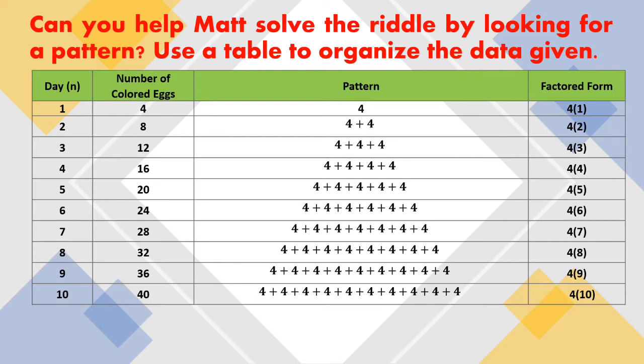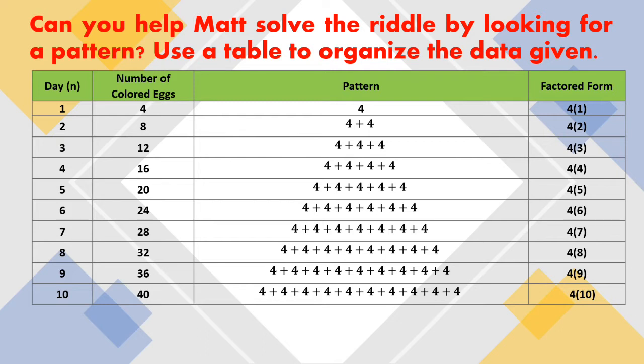For day 1, the number of colored eggs collected by Humpty Dumpty is 4. So the pattern there is 4. Now, we can say that number 4 is a constant.